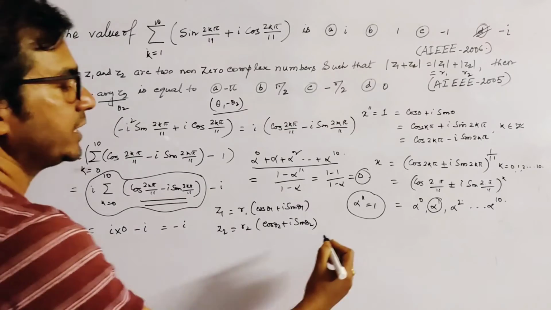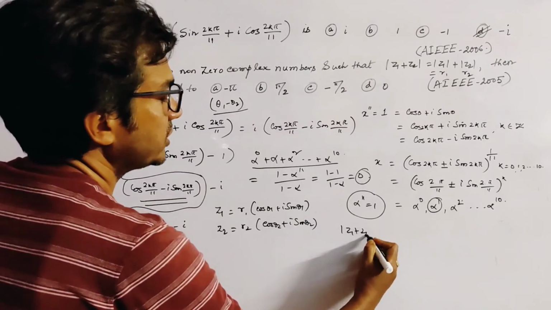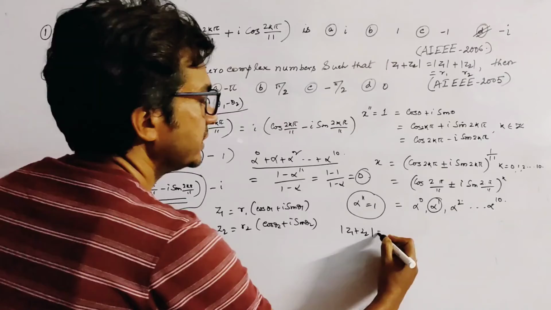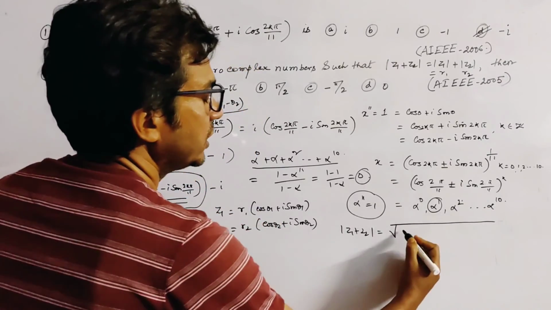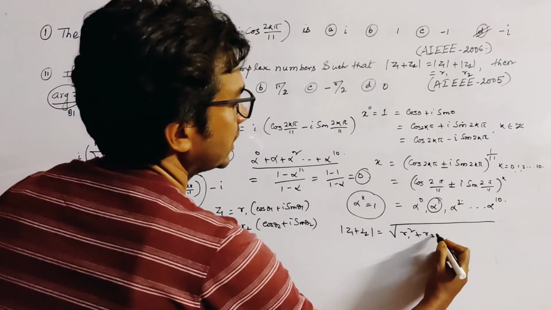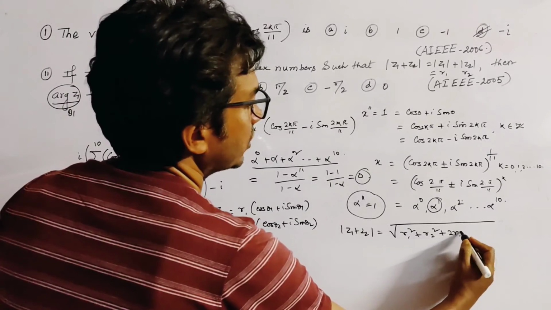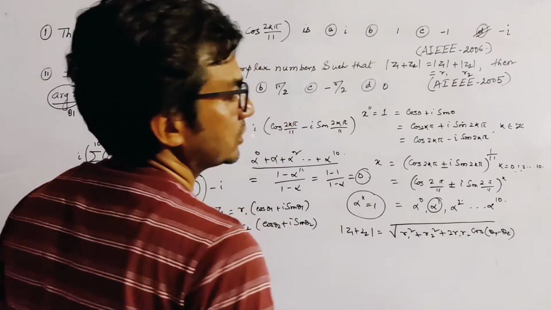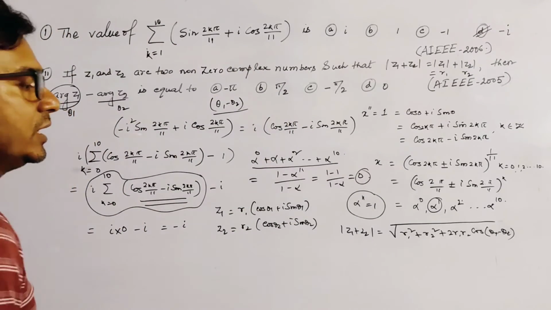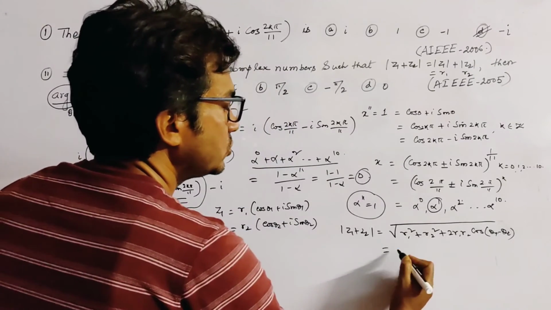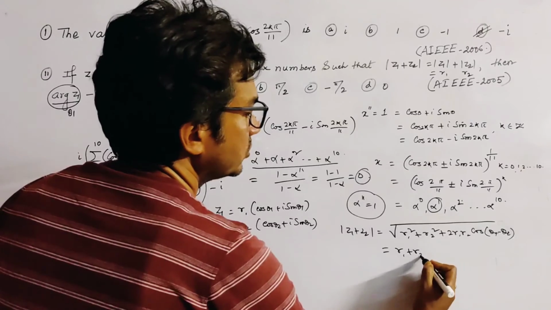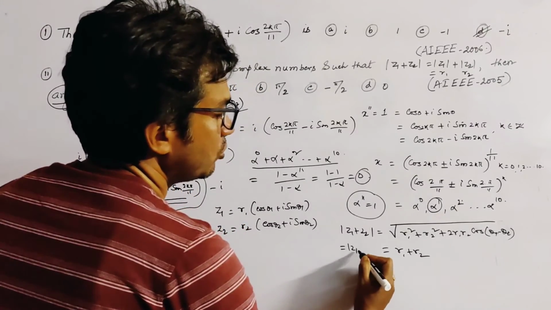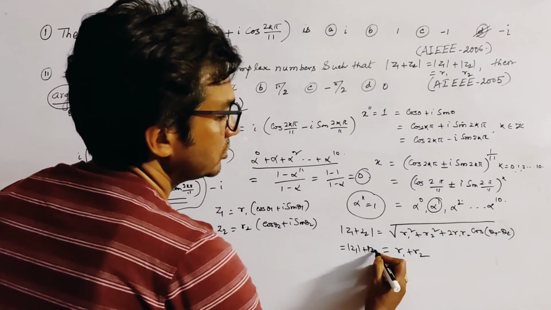Since R1 and R2 are the moduli and theta 1 and theta 2 are the arguments, the complex number Z1 is of the form R1 (cos theta 1 + i sin theta 1), and the second is R2 (cos theta 2 + i sin theta 2). Now mod of Z1 + Z2 is equal to root of R1 squared + R2 squared + 2 R1 R2 cos(theta 1 - theta 2). This is equal to R1 + R2, because it is given that it equals mod Z1 + mod Z2.